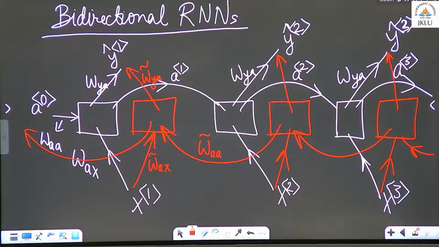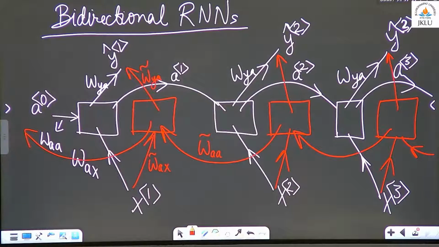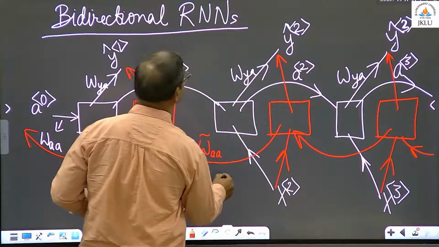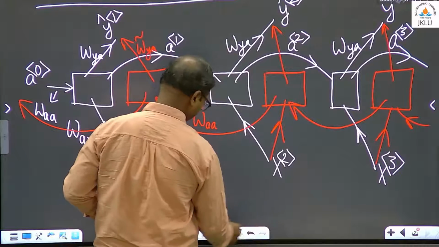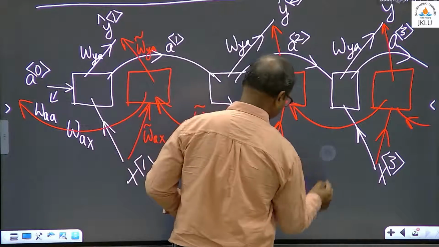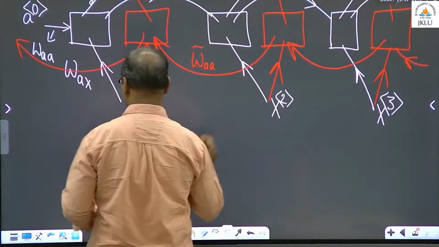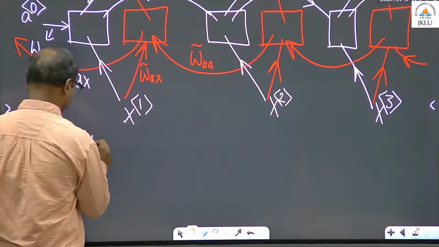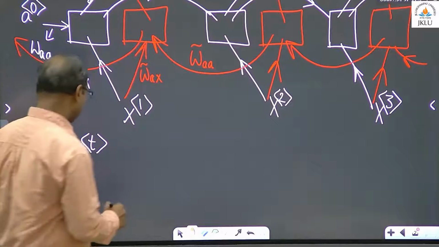Okay. How will you compute y1 hat in this case now? So let's say, what were the things we had here? We had AT, so we had AT. Now we will have, so what were the equations? Quickly tell me.